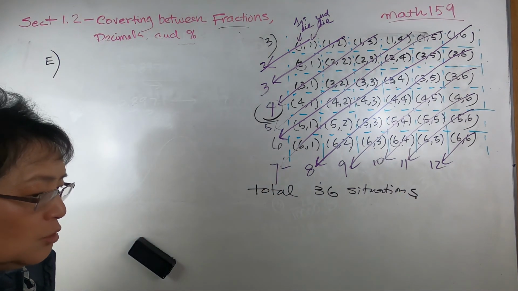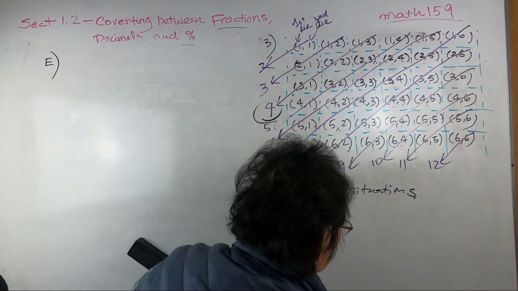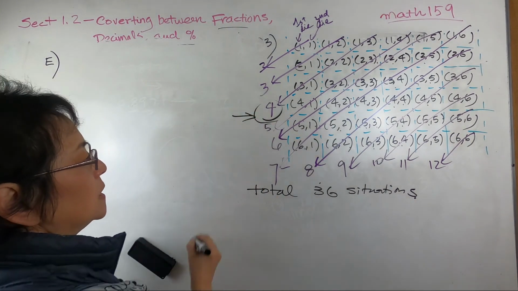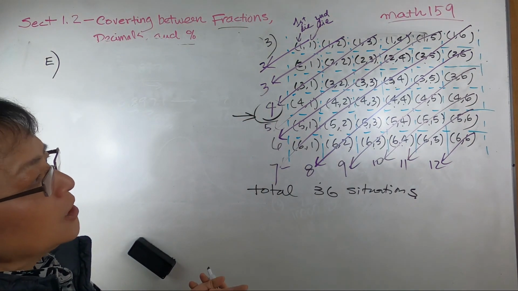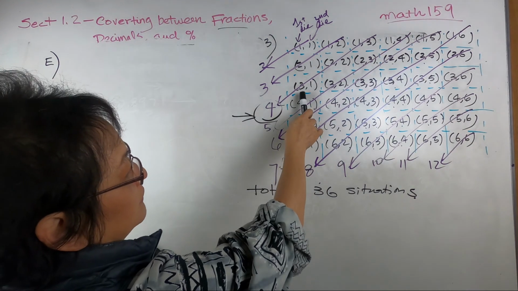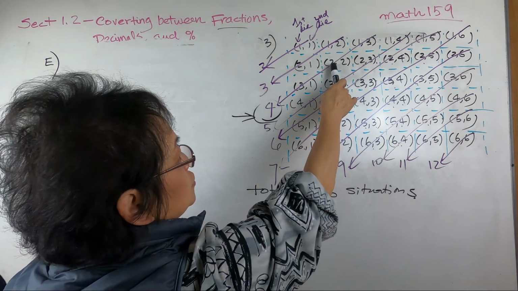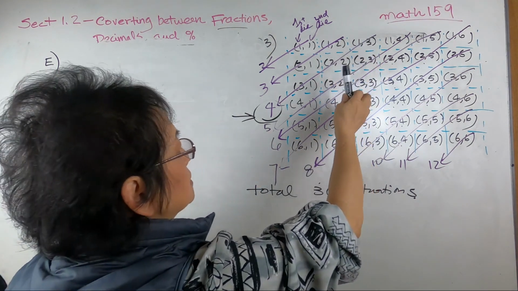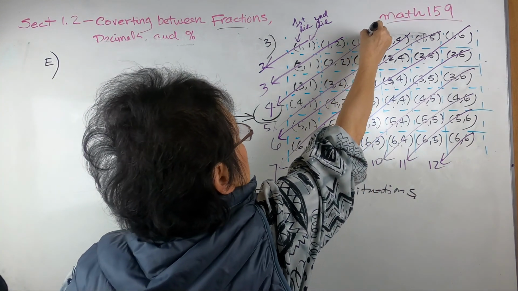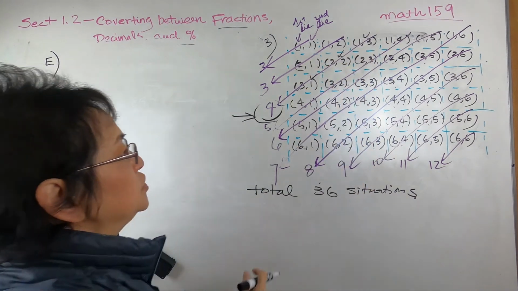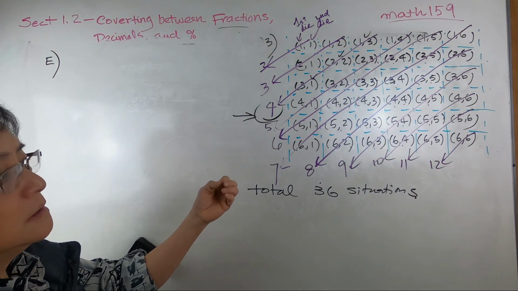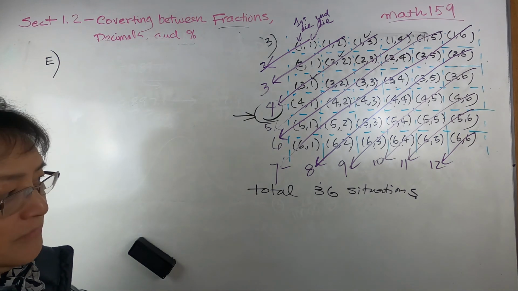The question is asking you for a total of 4. So how can you make it 4? You can either have a 3 and 1, where the first one is 3 and the second one is 1, or 2 and 2, or 1 and 3. So how many situations can make a 4? 3 of them, right?